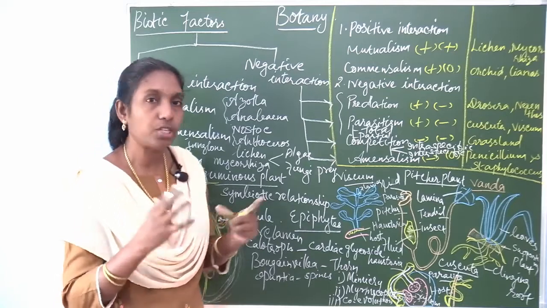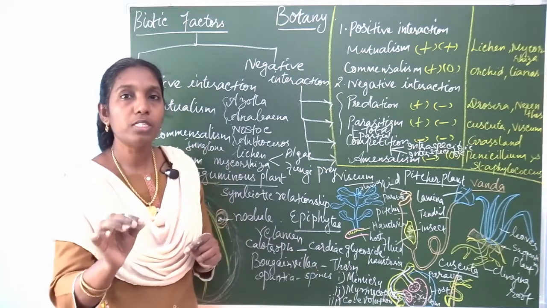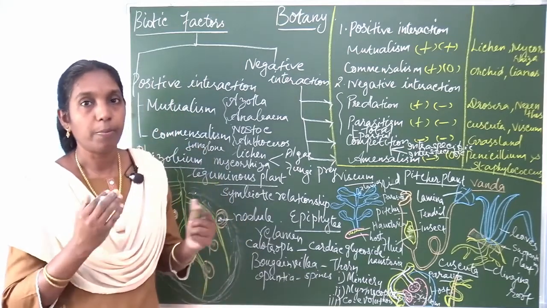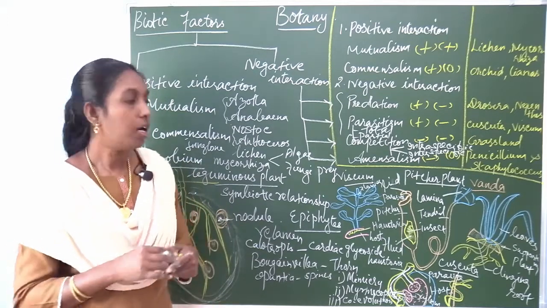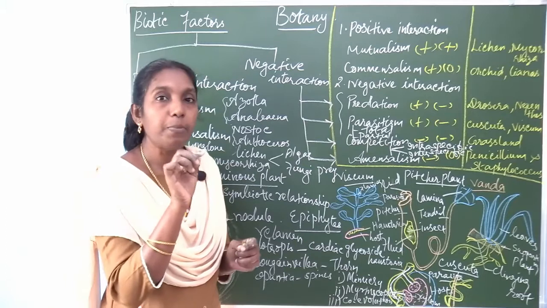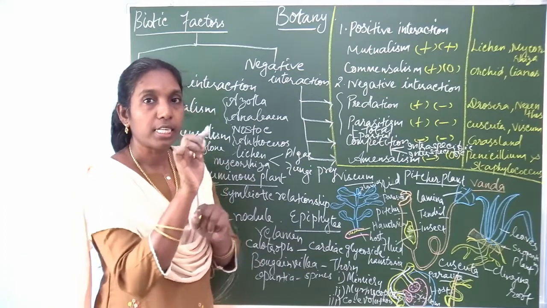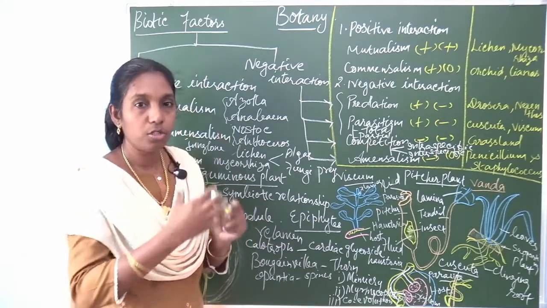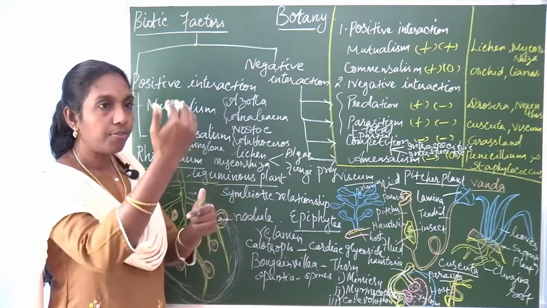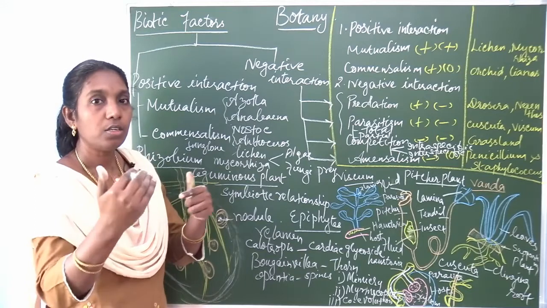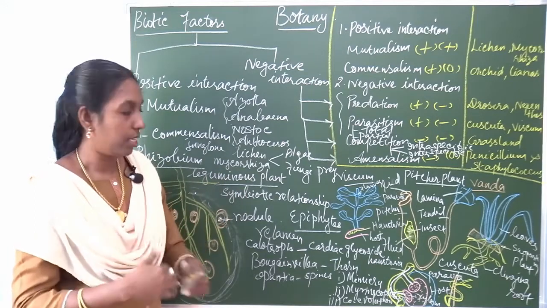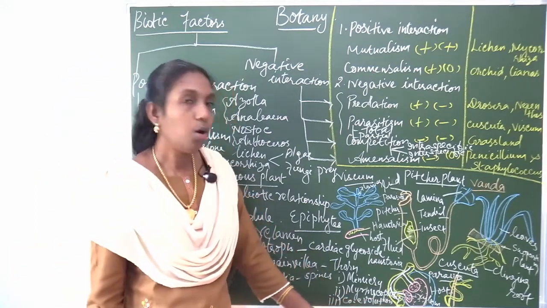The shape of the corolla and the proboscis of insects, butterflies or moths show co-evolution. Or the bird's beak sucking nectar from the corolla tube, which may be funnel shaped or long. Both are co-evolutionary.